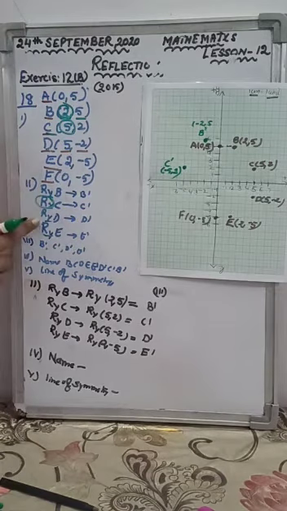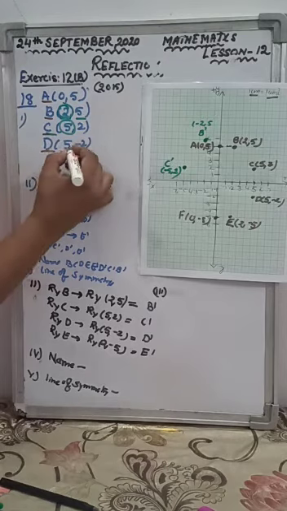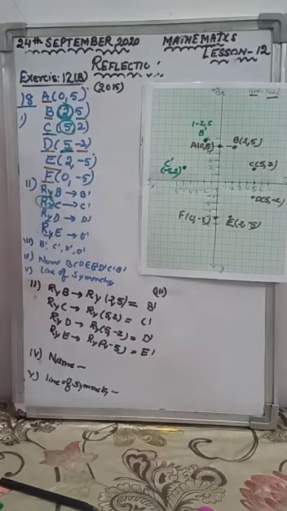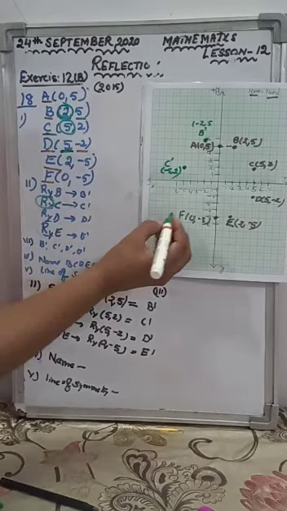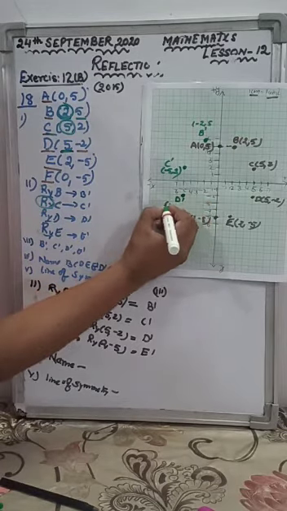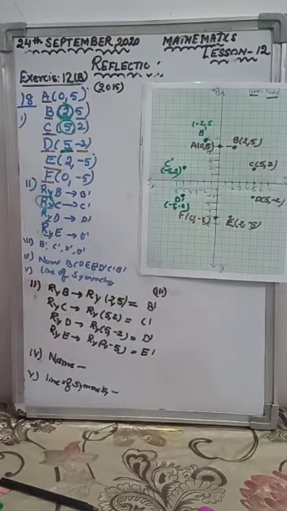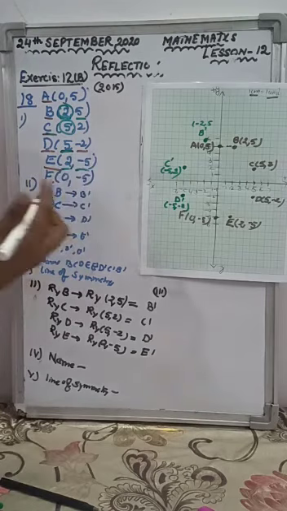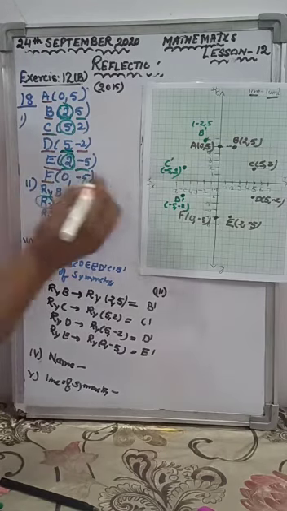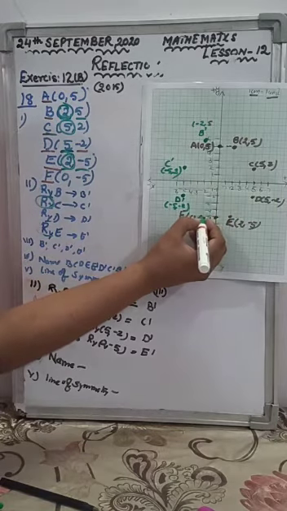Now D, reflection in the y-axis, 5, -2 is the coordinate and sign of the abscissa will change, that is -5, -2. So this will be the point D dash, -5, -2. Now E, 2, -5. So it will be -2, -5.